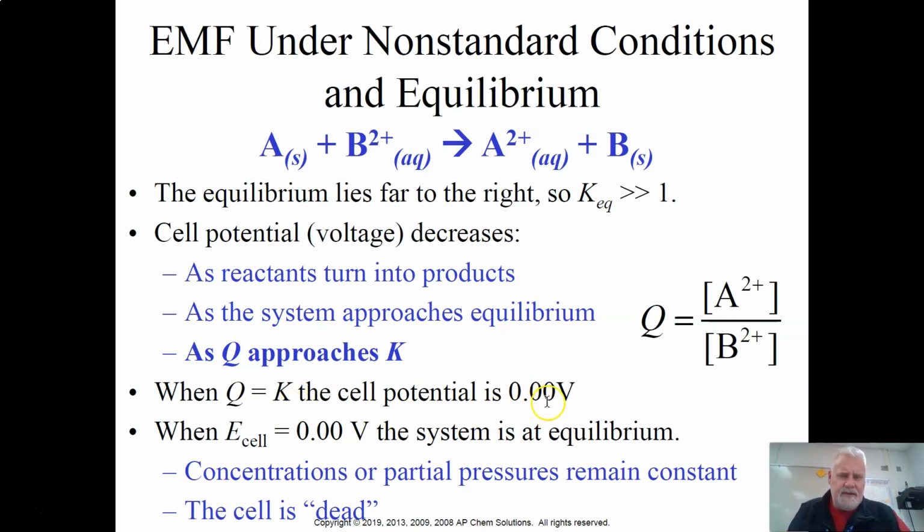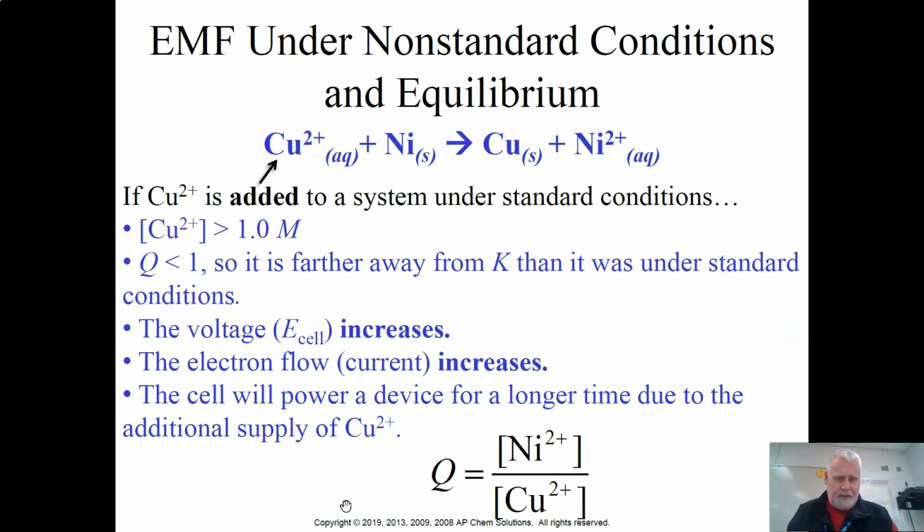Then you have a 0.00 voltage as a cell potential. In other words, the battery is dead. That's the bottom line here. If you think about it, it's going down that hill, and then it just gets to equilibrium. Remember that little graph with the ball rolling down the hill.